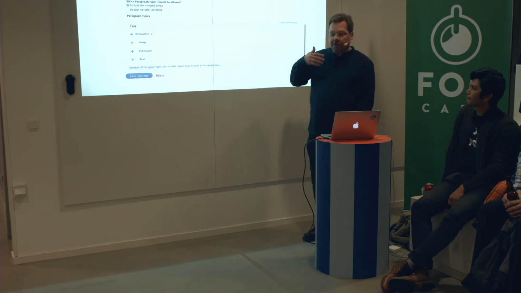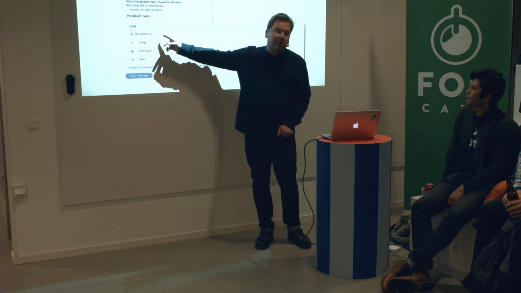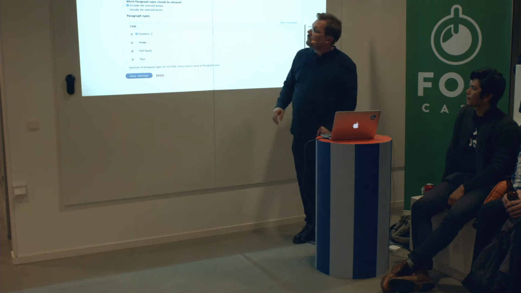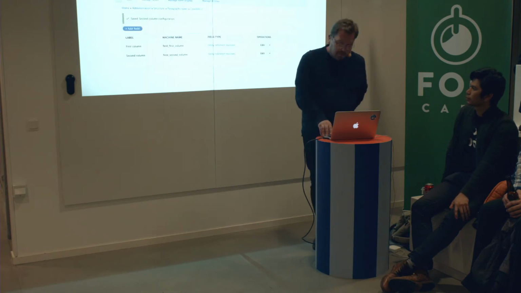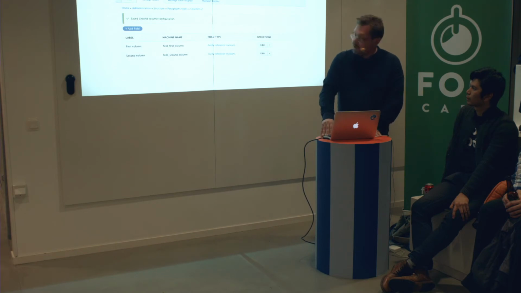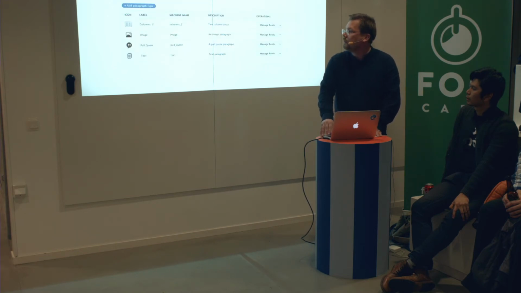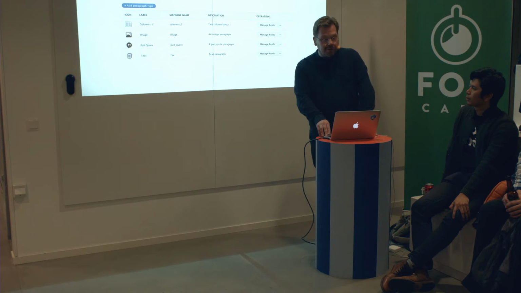We want to include everything except the columns too, because that's a layout type paragraph that we don't want people to put inside of the column 2. And that would be it, I think. Yeah, here we have the columns. And now we have our 2-column paragraph in place.